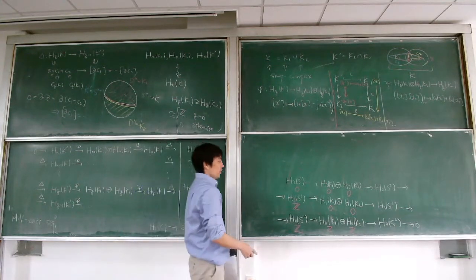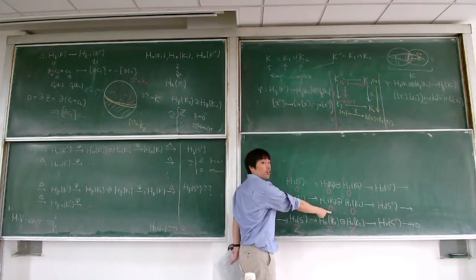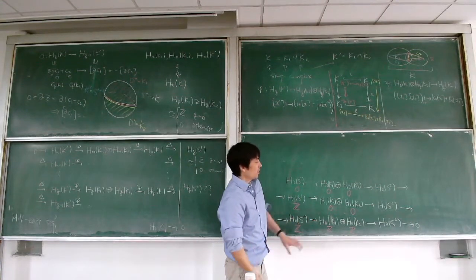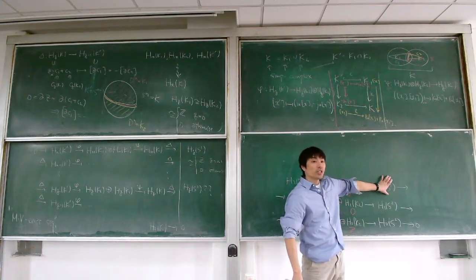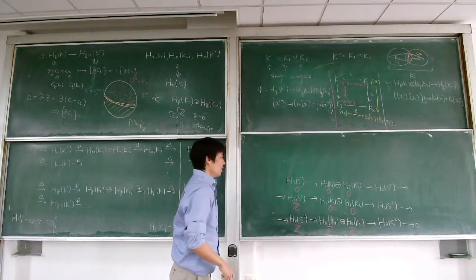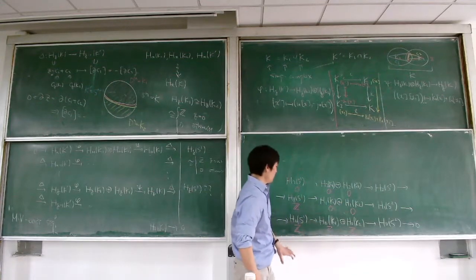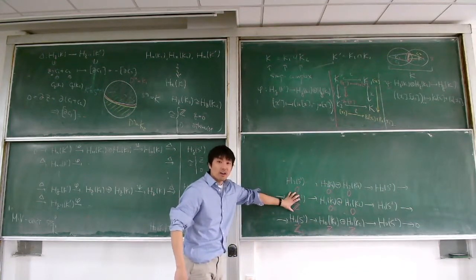So here Z is mapped to 0. So everything is mapped to 0. So therefore the image here has to be included in the kernel of this one.